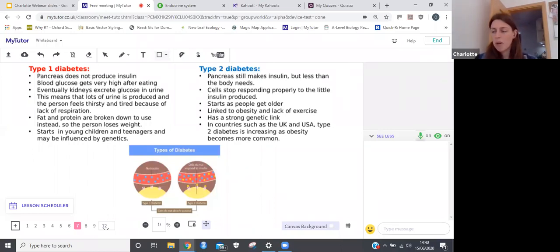What happens if one parent is type 1 diabetic and the other parent is type 2 diabetic?